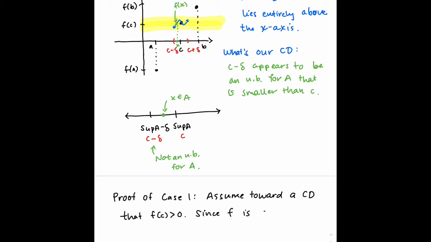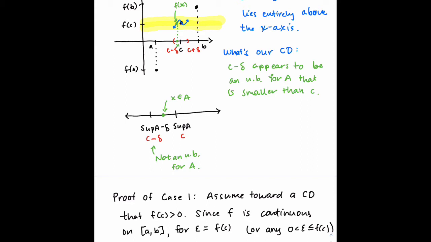And since f is continuous on AB, for epsilon equal to f of C, which is a positive number, or any epsilon with 0 less than epsilon less than or equal to f of C, it should be true that we have a delta neighborhood corresponding to it.